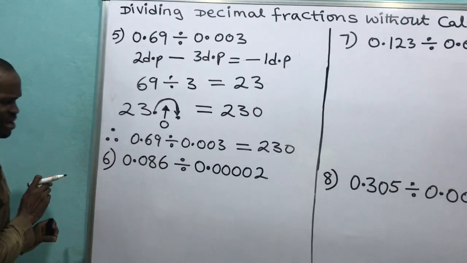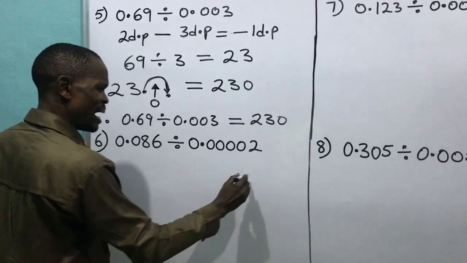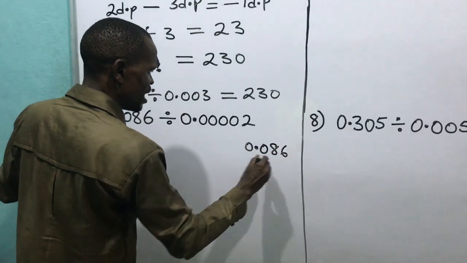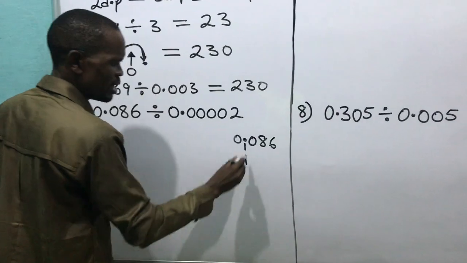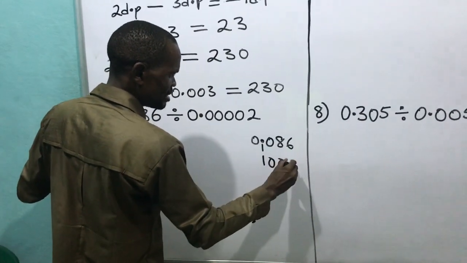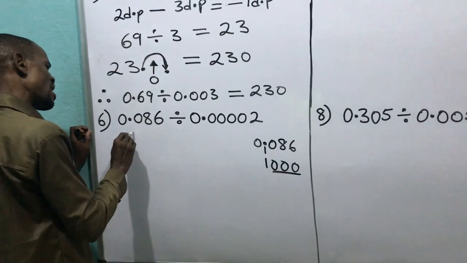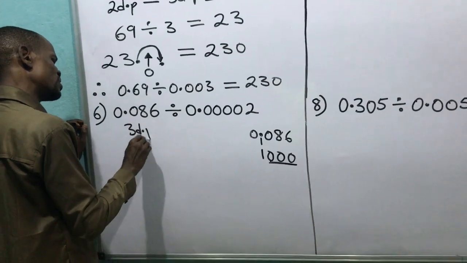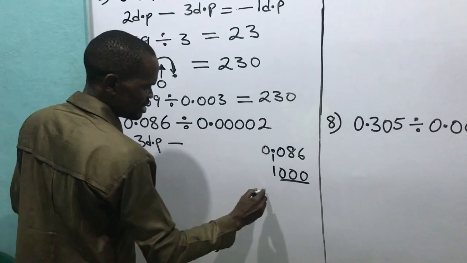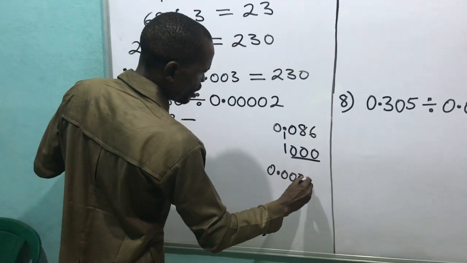Then going to question number 6. First of all, I'm going to check the decimal places on this one. I have 0.086. This point represents 1, and after that all will be represented by 0, so this will be represented by 0 and 6 by 0, and that shows me that I have 3 decimal places here. Then division here is minus, and how many decimal places are on this one? 0.0002.